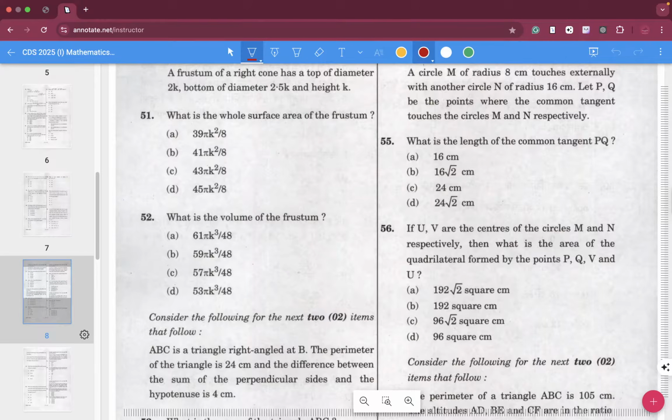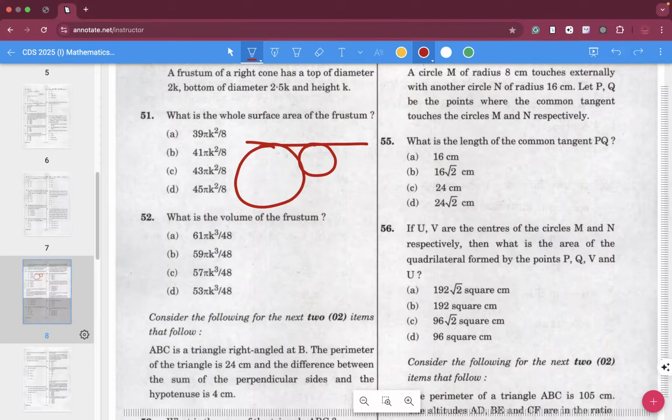Let's say this is a big circle over here, and this is another circle over here, right? A circle M of radius 8 centimeter.